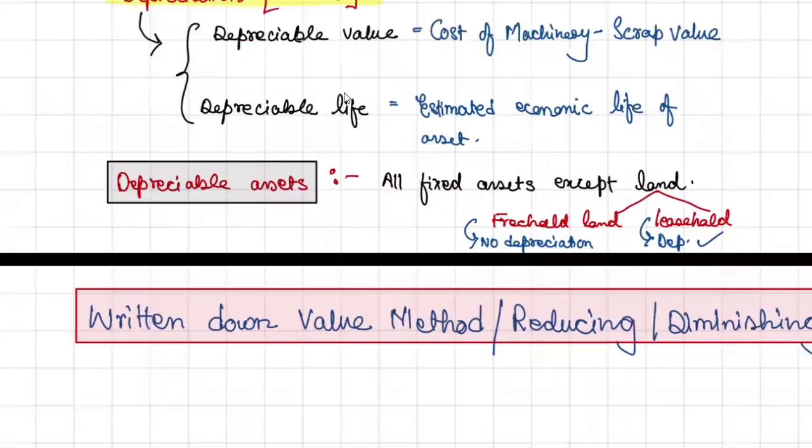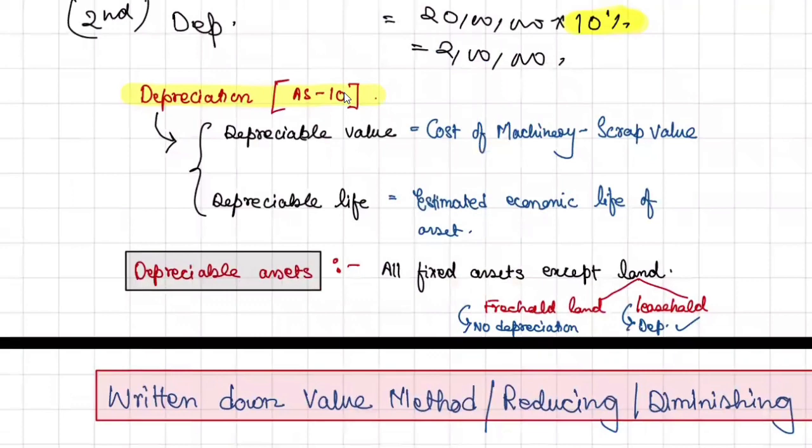So these are the terms which should have been discussed in the last session. Depreciable assets are all fixed assets except land, but if I go into further detail, land also has two kinds: freehold land and leasehold land. For freehold land there is no depreciation, but for leasehold land, depreciation is there, because it is calculated over the economic life till which it is going to give me benefit.